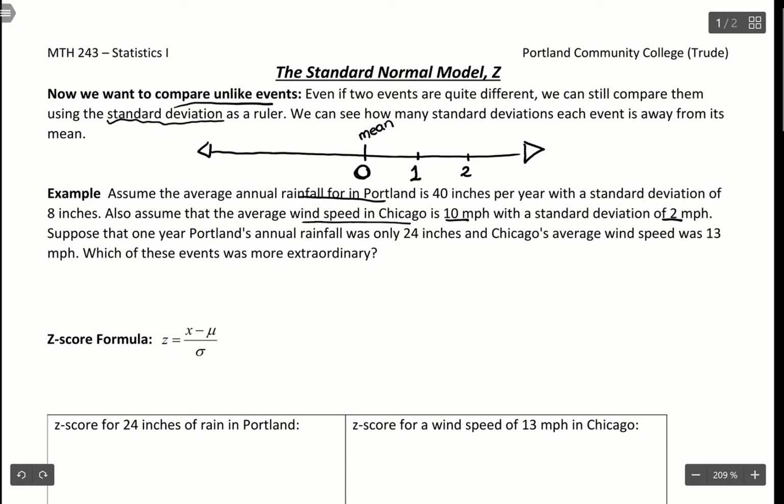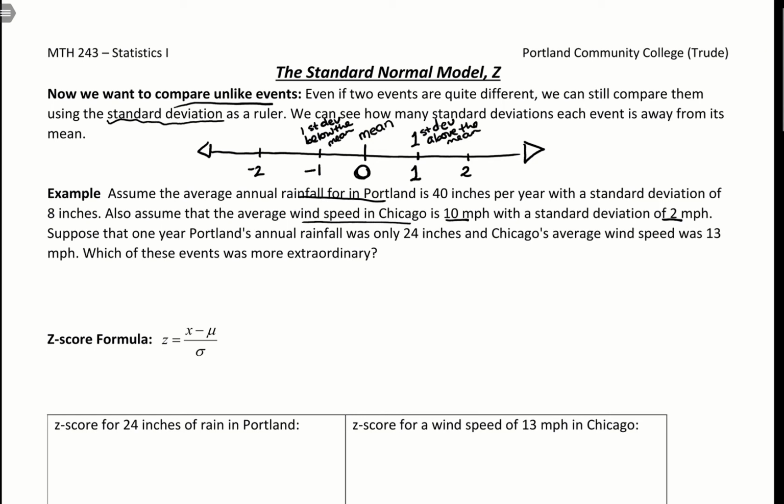But this would be the idea of having one standard deviation above the mean. And then 2 would be 2 standard deviations above the mean. And then we could have negative numbers, where -1 would mean 1 standard deviation below the mean. So it'd be below average, below what we expected. So we can use these numbers as a way to compare these unlike events.